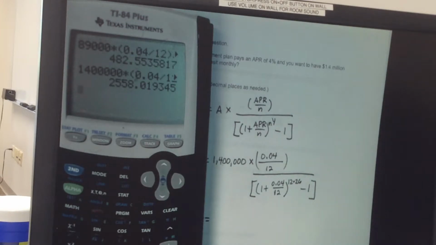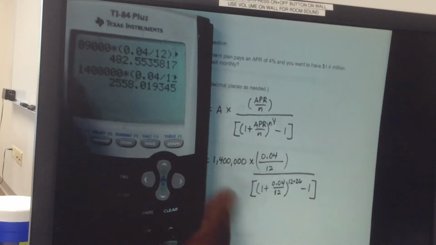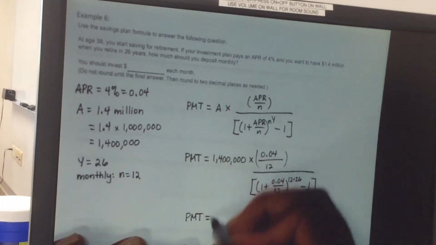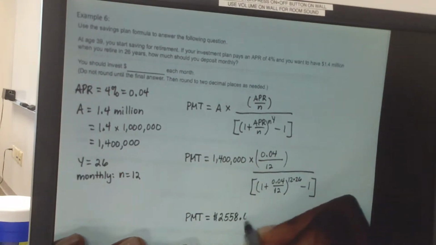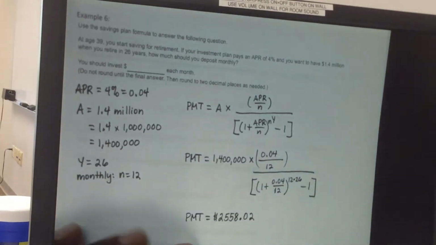If we round that off to the nearest cent, or to two decimal places, it will be $2,558.02. That will be the amount that we should invest each month if we want $1.4 million when we retire at age 26.